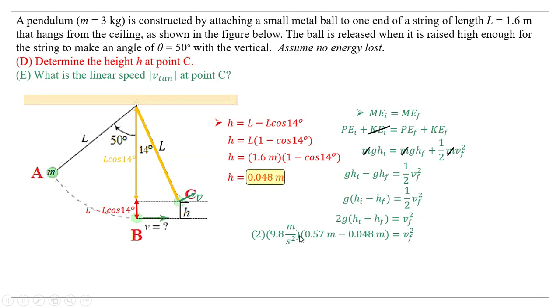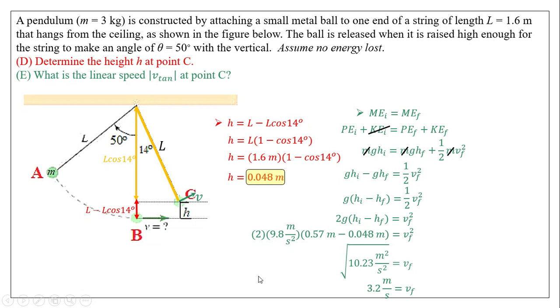This is positive 9.8. hi being 0.57, which I found in part A. hf being 0.048, which I just found in part D. And this is vf squared. If you plug all this into your calculator properly, you should get about 10.23. And then to find vf, you would just take the square root to get rid of the exponent 2. So vf is equal to the square root of 10.23, which will give you about 3.2.